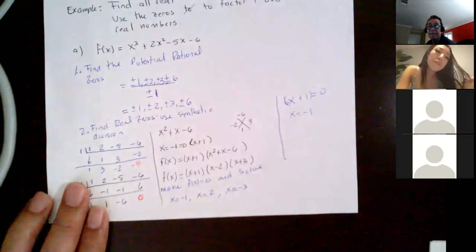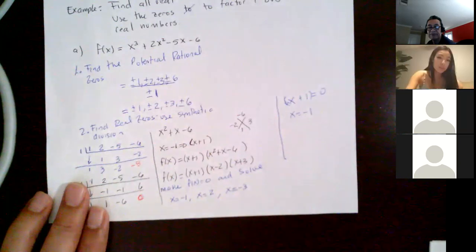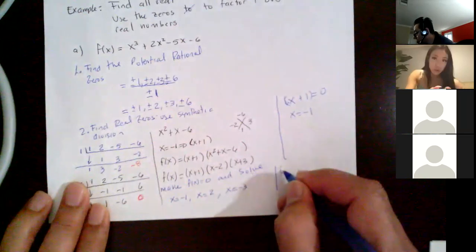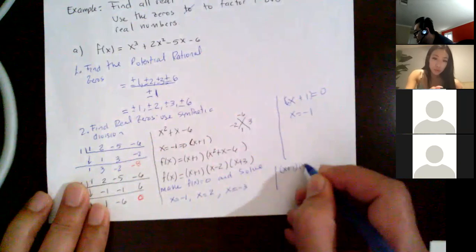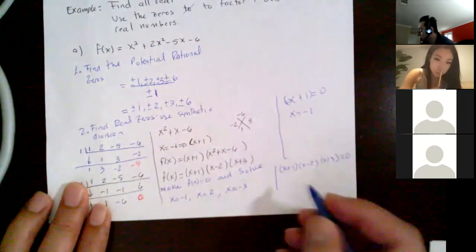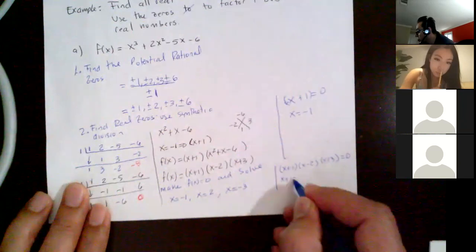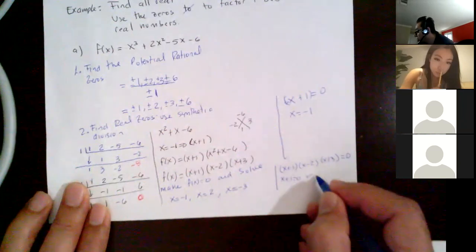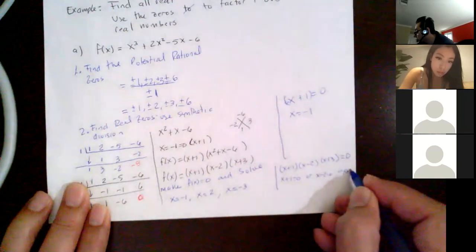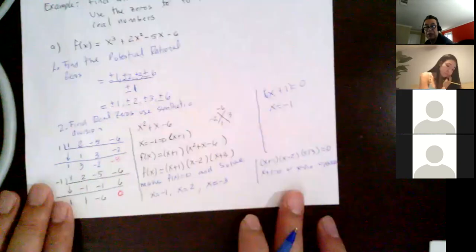So when f of x equals 0, we basically set each factor to zero. Basically this is what we're doing: x plus 1 times x minus 2 times x plus 3 equals 0. And from here we say x plus 1 equals 0, or x minus 2 equals 0, or x plus 3 equals 0.